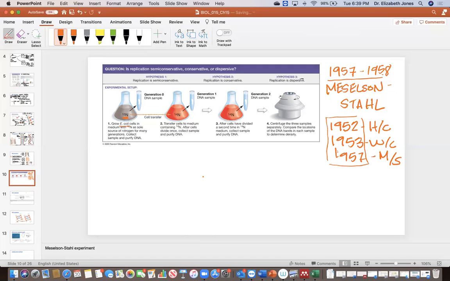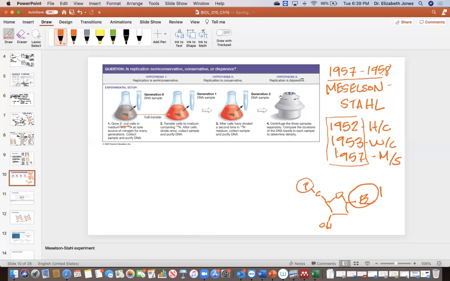Now, what Meselson and Stahl decided to do was to take advantage of the fact that DNA has tons of nitrogen in it. And if you think about what the structure of a nucleotide is, there's our phosphate, carbon, here's a sugar, an OH, and then remember that we have the bases here. These bases are often called nitrogenous bases.